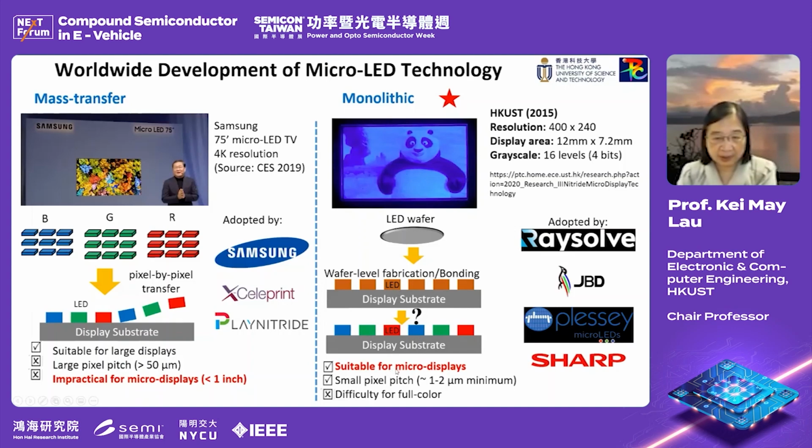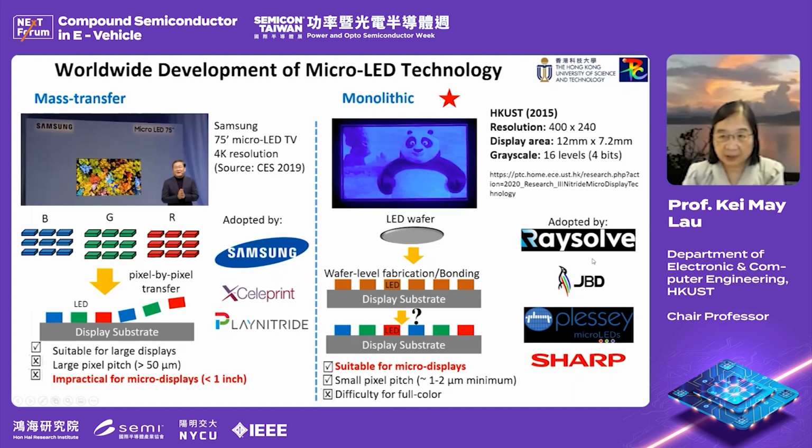This is for small pixel pitch; it can go down to a few microns. But then it is difficult to make full color, and we recently found a solution for that. We are not 100% sure that's the ultimate solution, but right now it's pretty good.